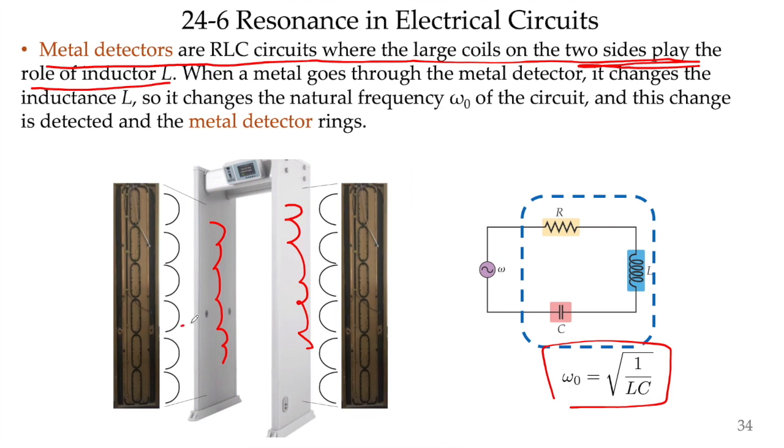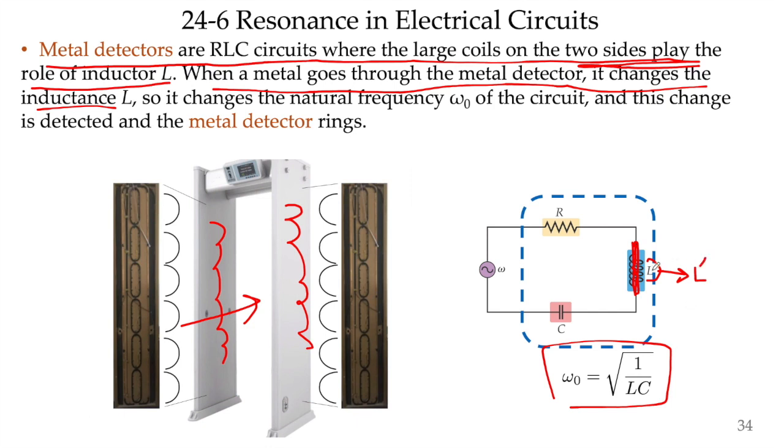If some metal goes through the metal detector, it changes the inductance. Why? Because if you put some metal inside the inductor, it actually changes this value. So L becomes, let's say, L prime, some different number.